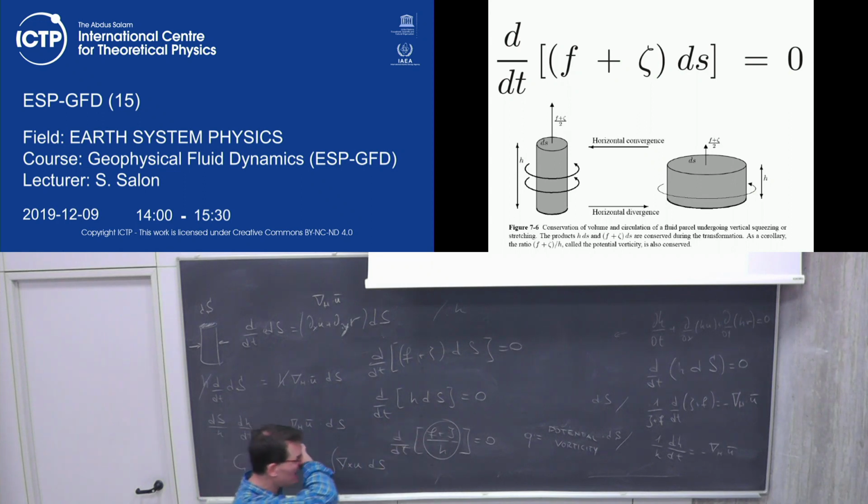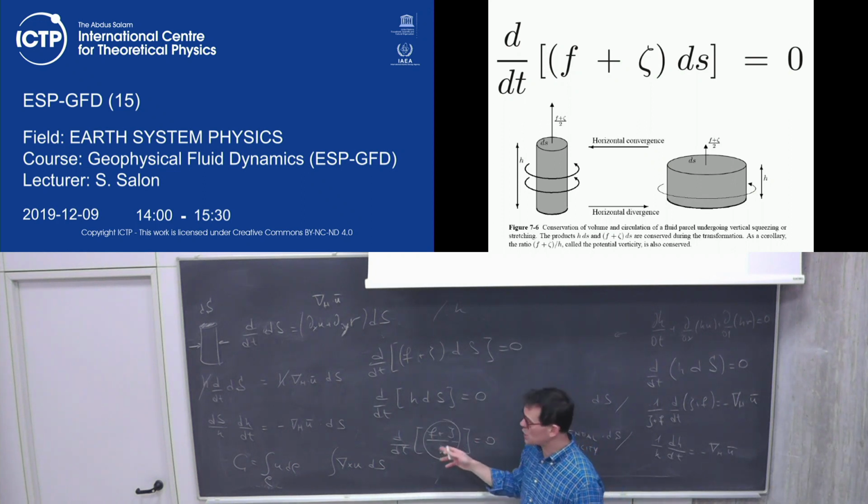But if we have that, for example, the Coriolis term is much larger than the advection term, it means that between these two, this will be much larger than this one. So the relative vorticity is much smaller than the ambient vorticity, and we will just have f over h.